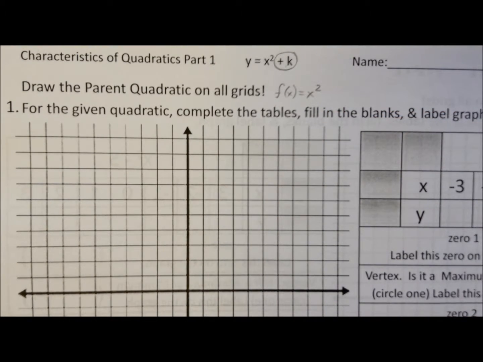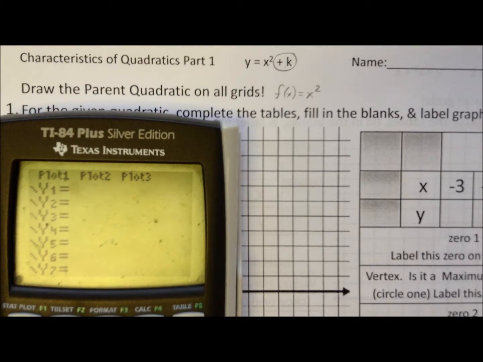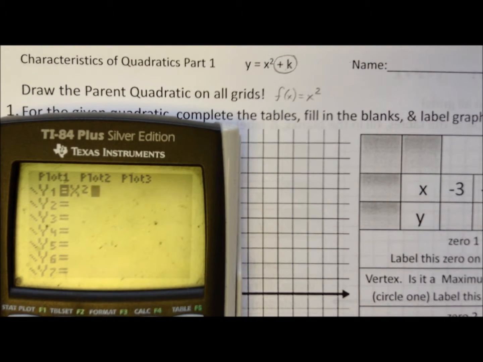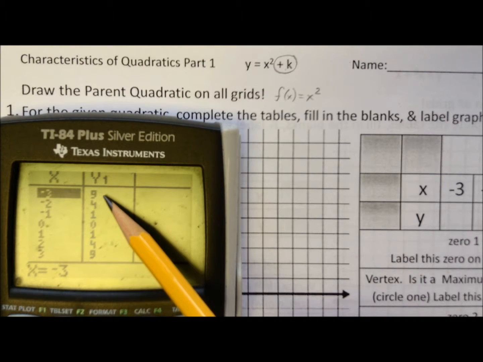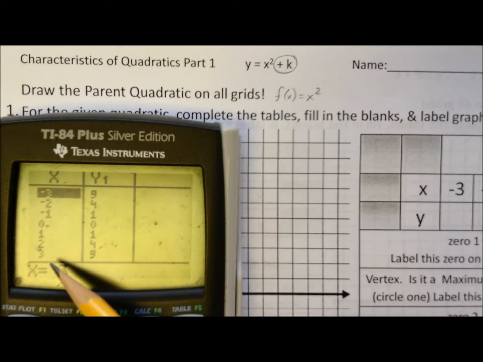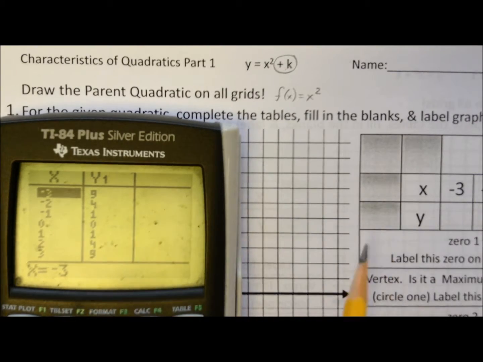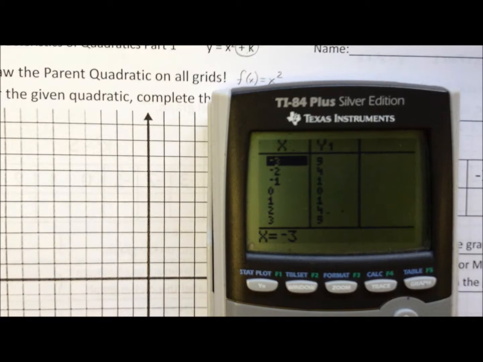So the quickest and easiest way to do that is to go to your calculator, type in x squared, and then go to your table. These are the ordered pairs that you need to put on your grid, and we're going to go with a domain from -3 to +3. So we're going to come over here and graph these ordered pairs.